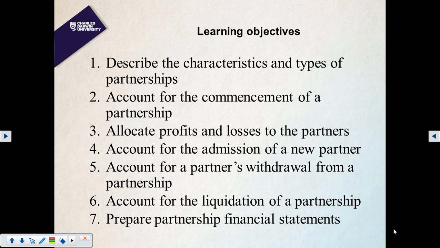So withdrawal: if someone is leaving the business, how much money we should give him, or does he really require any kind of compensation from us. And then if we dissolve the business, if we liquidate the whole partnership business, how much profit or loss we will be distributing among the partners. That's what we will try to understand from today's class.